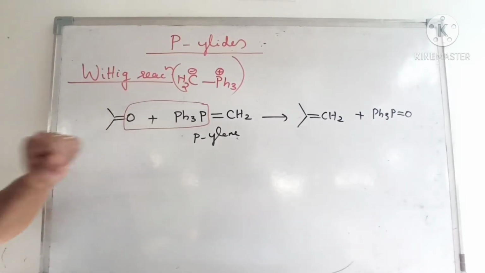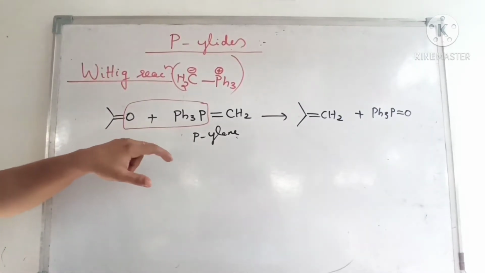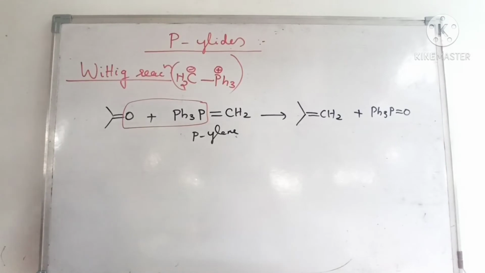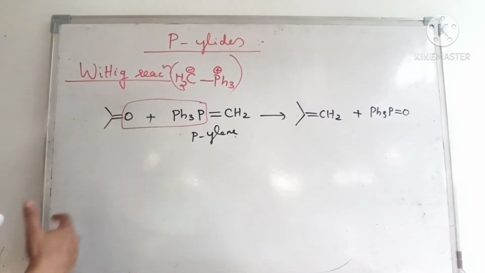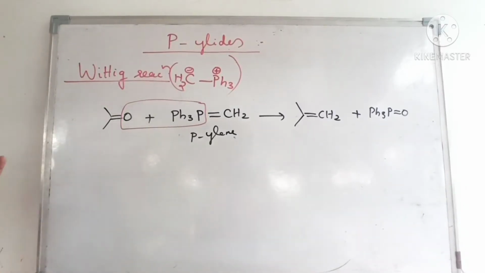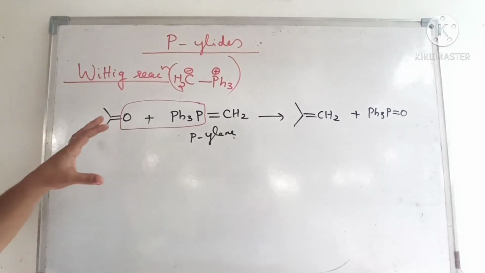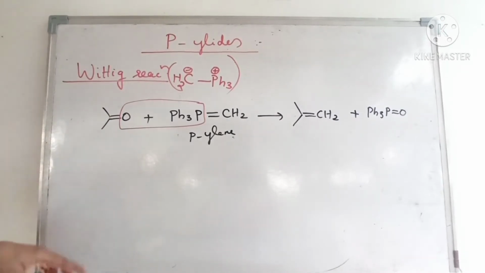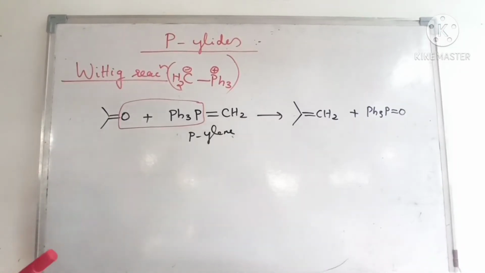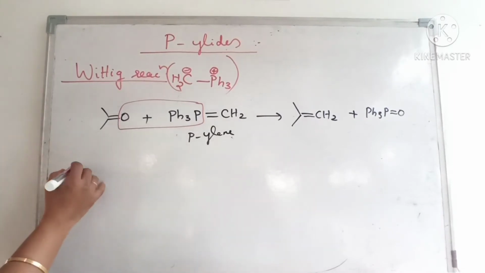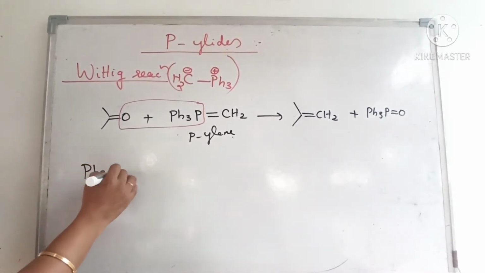Before going into this reaction, let us see how these phosphorus ylides are prepared. They are prepared by the reaction of an alkyl halide with a trialkyl or triaryl phosphine.